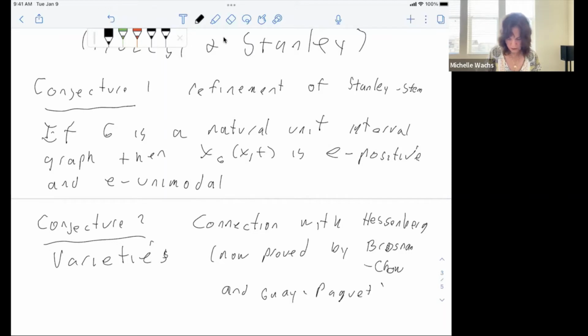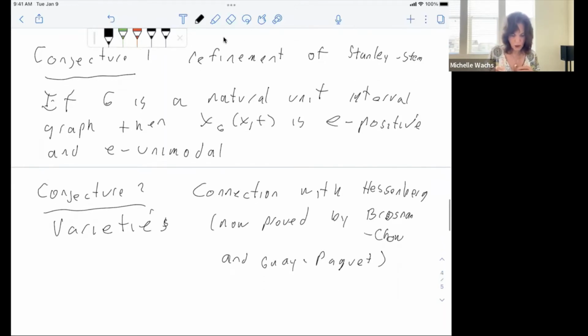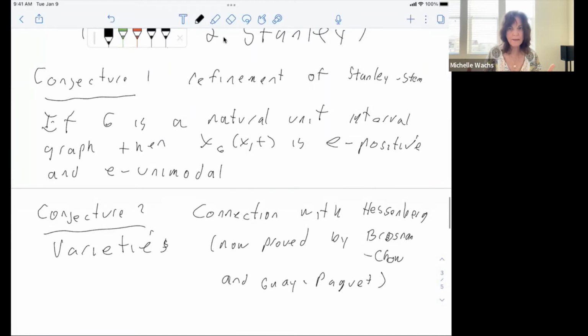So these two conjectures came from the properties that we knew were true for the Smirnov word enumerator.